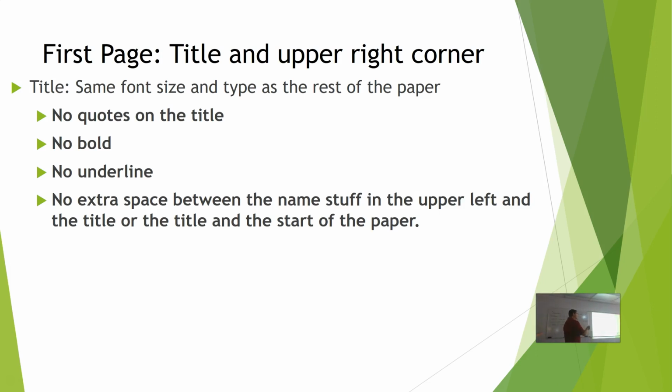Now, if you have the story title or a short works title in your title, like characters in Jackson's The Lottery, you would have the lottery in quotes, but the title overall is in the same font size as the rest of the paper. Questions on that?